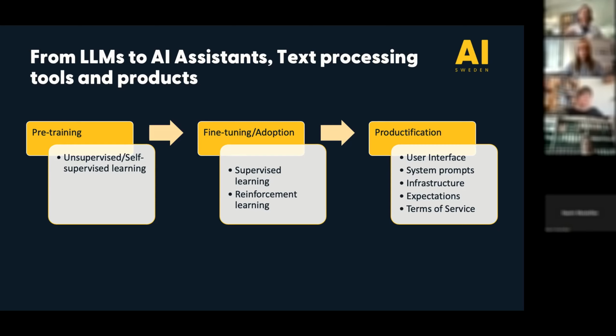But if we really want to use and understand these models in a research context, this adoption and fine-tuning step and the productification step are quite important too. So I will focus on the second part, the fine-tuning and adoption part, and the methods that are used here and the choices that are made and that determine how you can use these models and what they actually do.